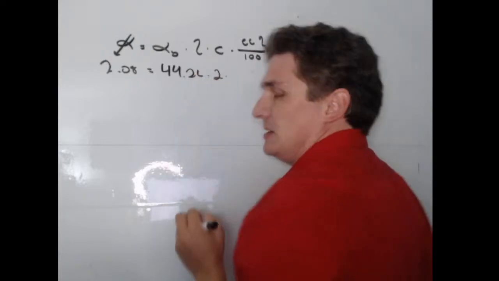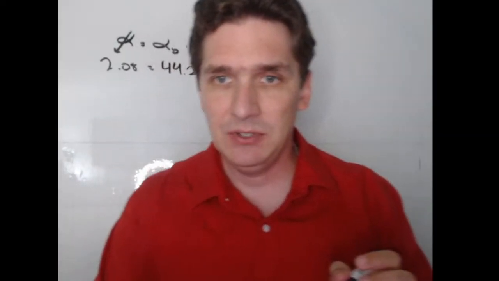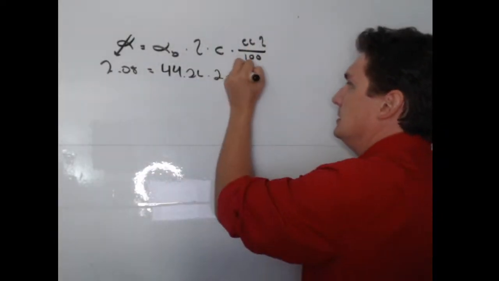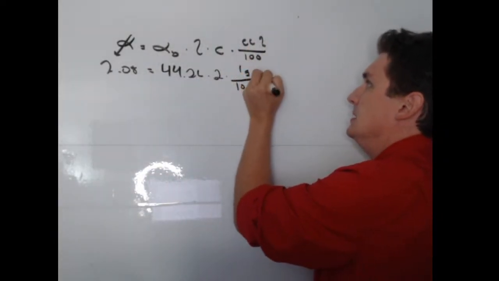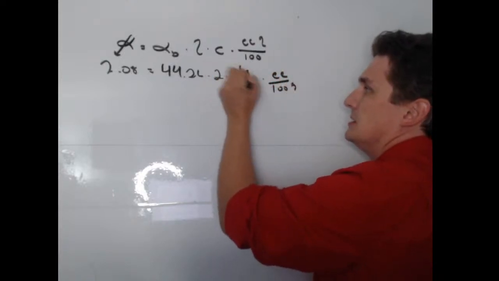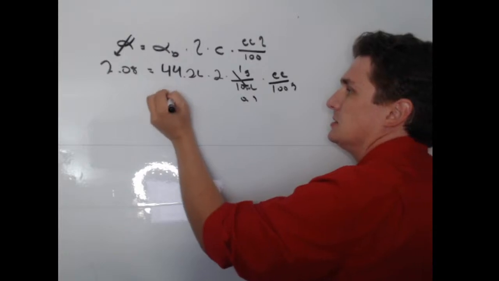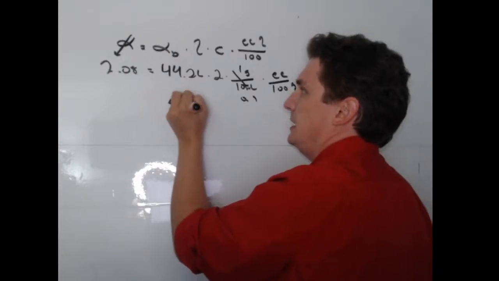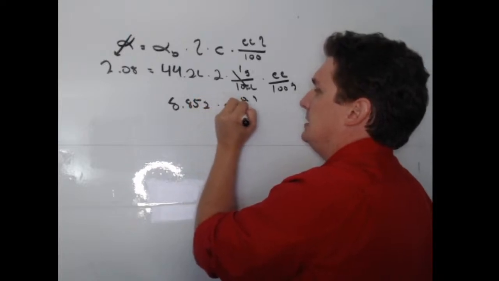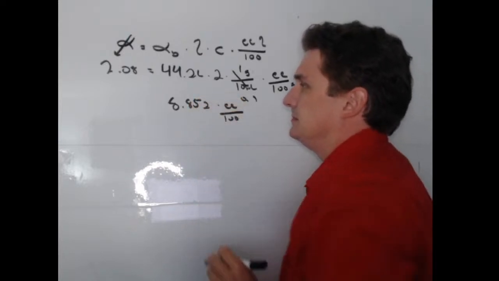Path length is 2 decimeters. The concentration given to you in this problem is 1 gram in 10 mLs, so this ends up being 0.1. So we get 8.852 times the EE over 100.